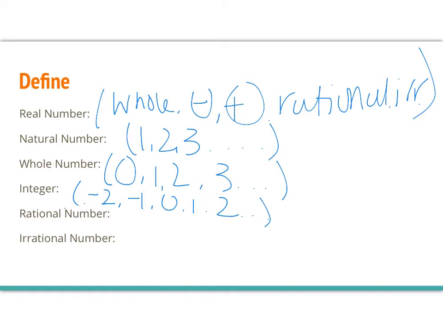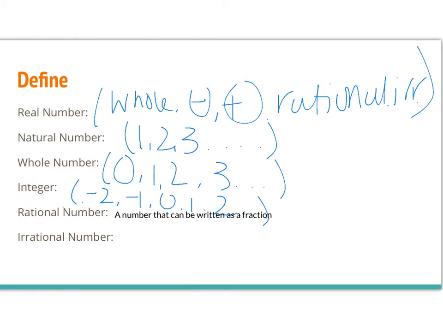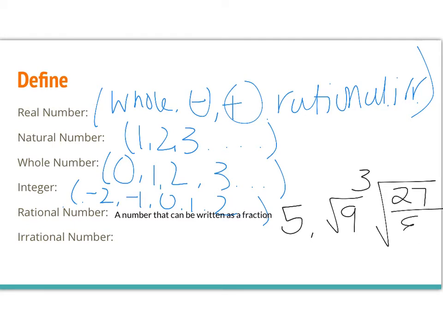A rational number is a number that can be written as a fraction. Some examples, again, could be just 5, the square root of 9, the cube root of 27 over 8, anything that comes out as a nice number.